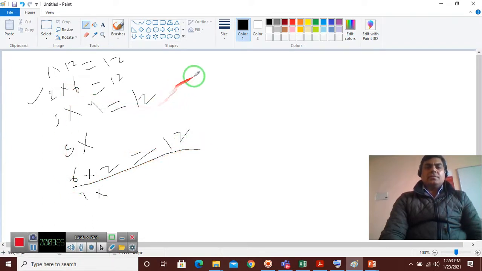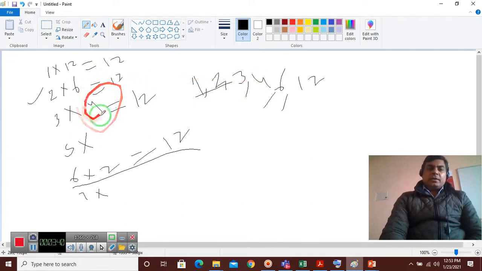So we can write 1, 2, 3, 4, 6 and 12. But this is a small number, so we can find the factors by this method.